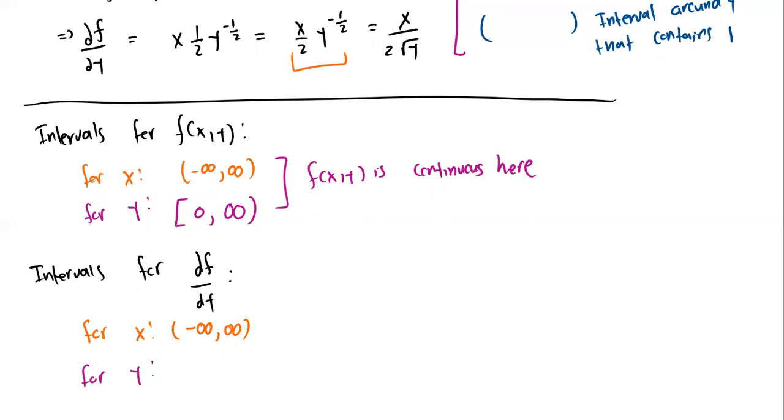So for y here, instead of using the interval 0 to infinity including 0, we're going to use 0 to infinity, not including 0. As I can't prove for you, but as you would expect, this function is continuous here. If it is continuous in the one-dimensional case, it's continuous in the two-dimensional case for the most part.